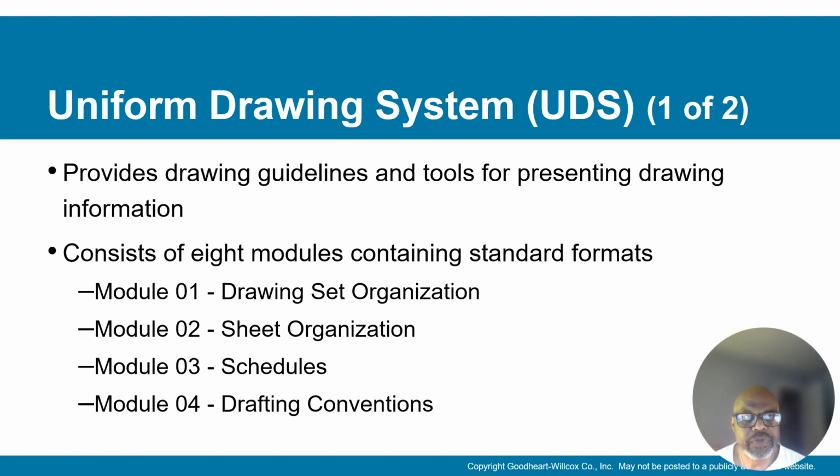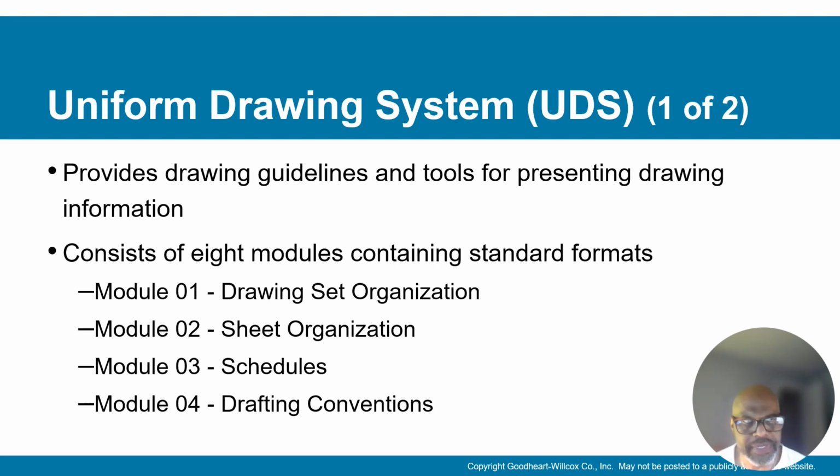In this section, we are looking at the Uniform Drawing System, the UDS. It also goes with the lettering we talked about that goes through the different sections, the different trades on the construction drawings. But now this is really bringing it down into more precise areas of each section. As we see this, it consists of 8 modules containing standard formats.